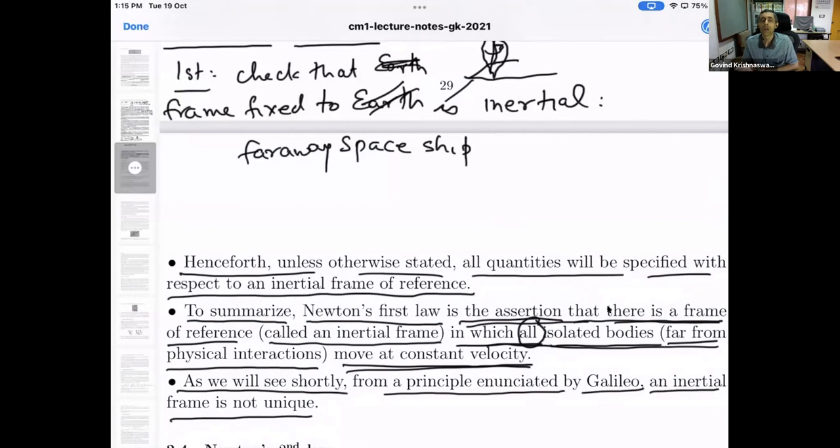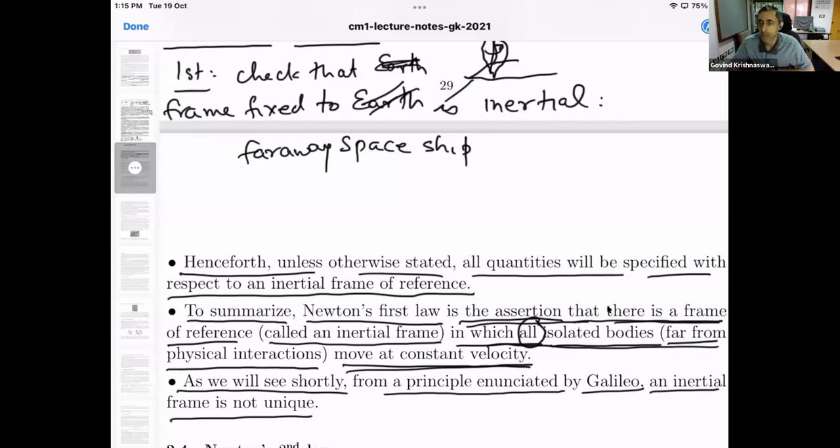Or you will have to somehow artificially cancel out that force so that the body is approximately isolated, and then check Newton's first law. Newton's first law is an assertion about free particles, about isolated bodies. So if you cannot isolate a body, then Newton's first law is not a particularly useful concept.